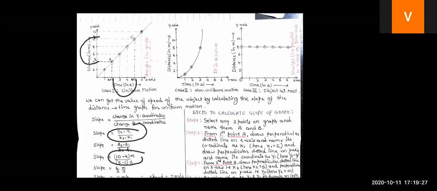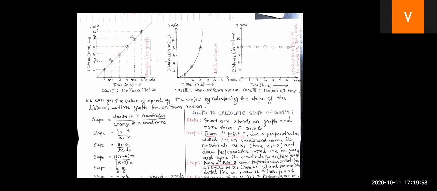The slope is 2. And if we just focus on the unit, it is what? 2 meter per second. And we know that meter per second is the unit of speed. You might say that, ma'am, meter per second is also the unit of velocity. But beta, in velocity we have displacement, but here we are having the graph of distance versus time.